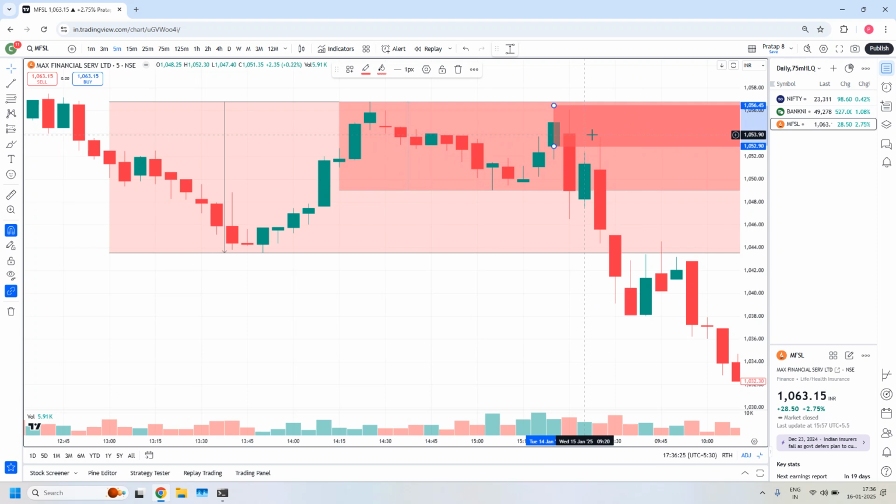Mostly we believe up to type 2 proximal. If it is fresh, in at least 80% of scenarios the zone will work at type 2 proximal. So that is also tested in this candle. That way this zone is no more fresh for us. And we know this zone will be violated because there is no fresh fine-tuned 5-minute zone at the type 2 proximal level.